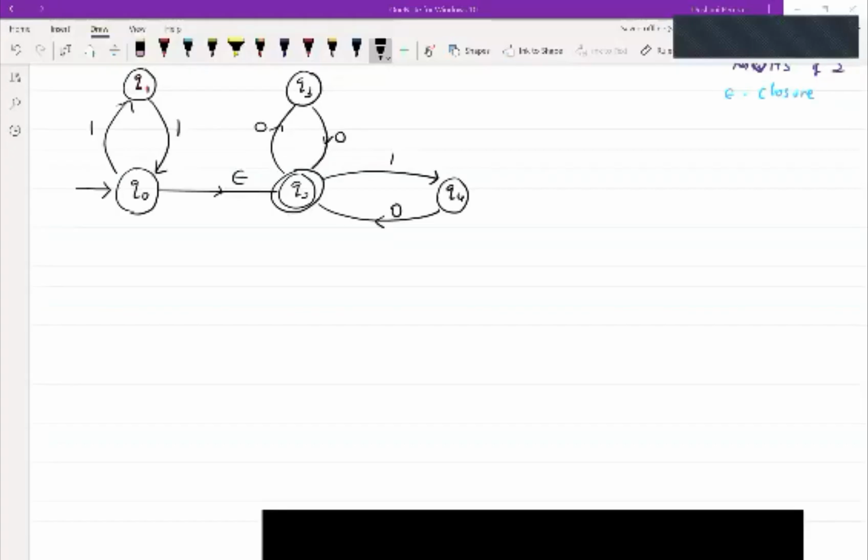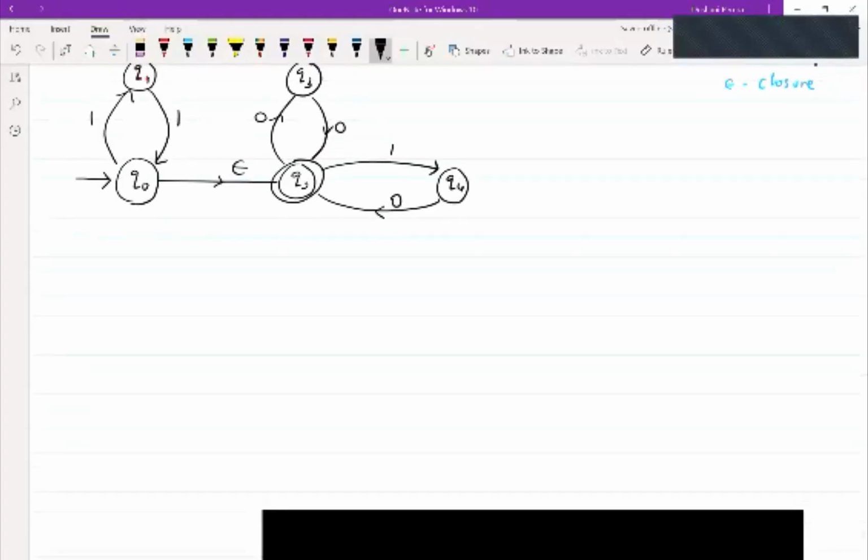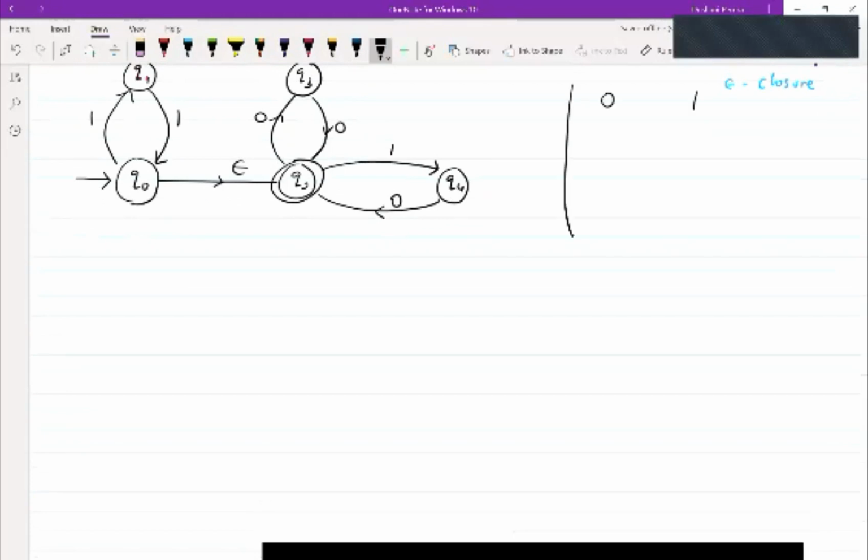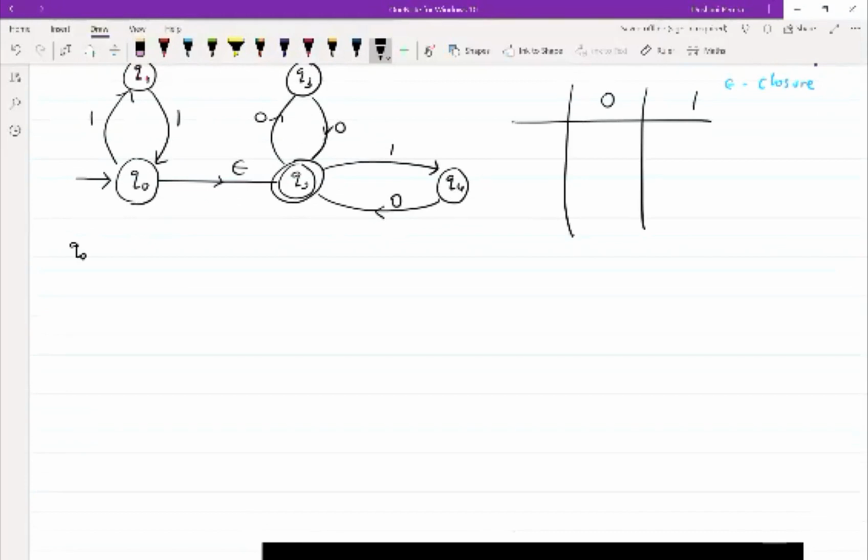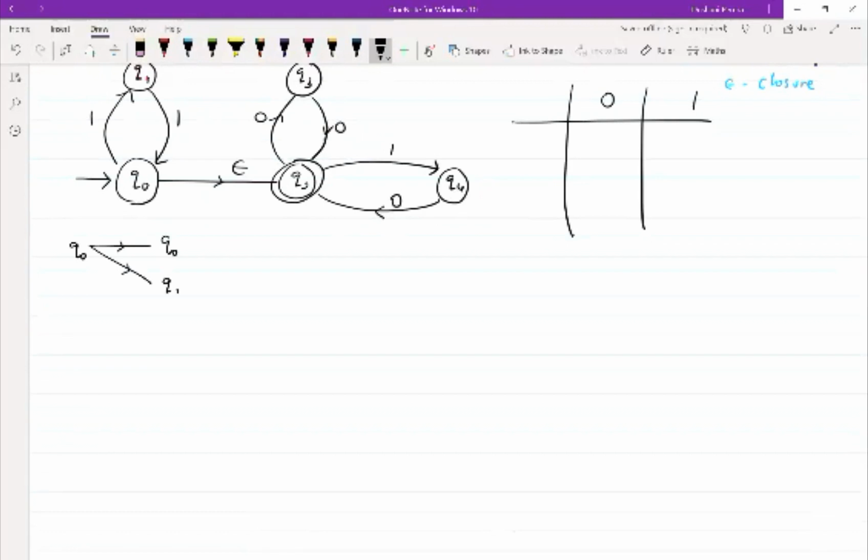So let's draw our table. Let's complete the table using the method that we know. So let's take Q0. What is the epsilon closure of Q0? Itself and Q2. Now, when you give 0 to Q0, where should it go?